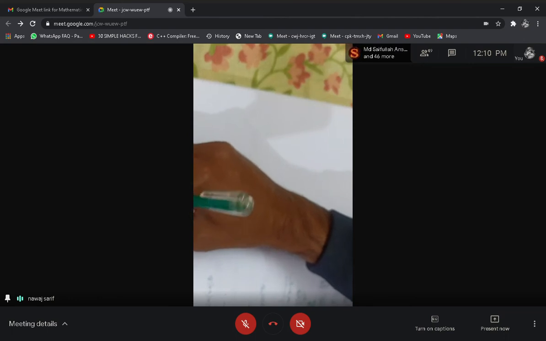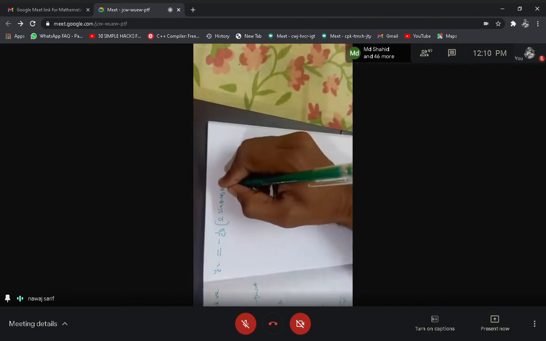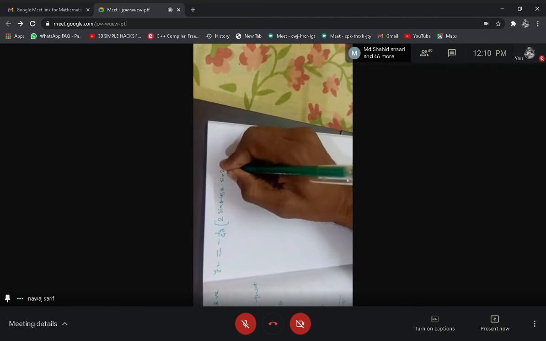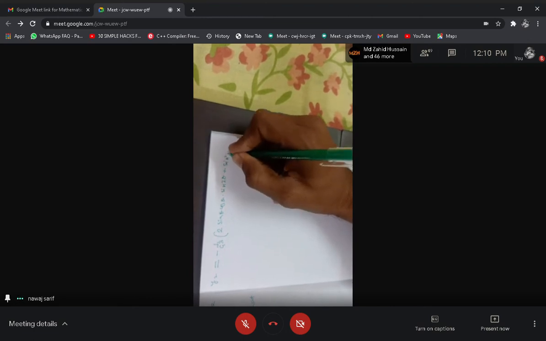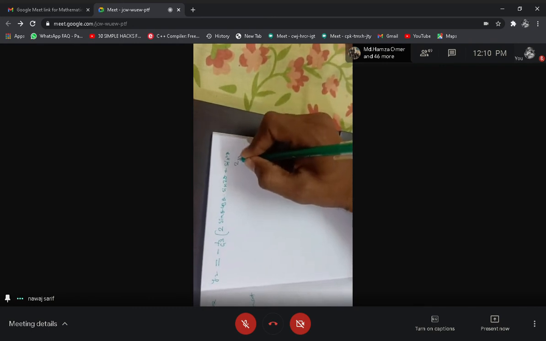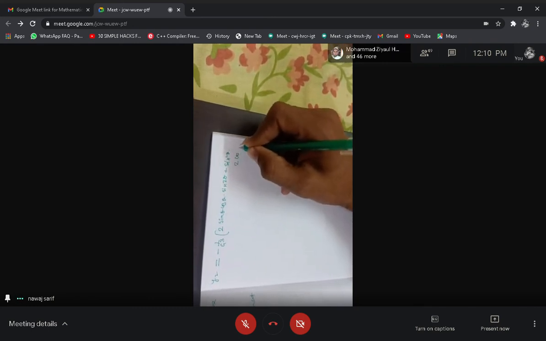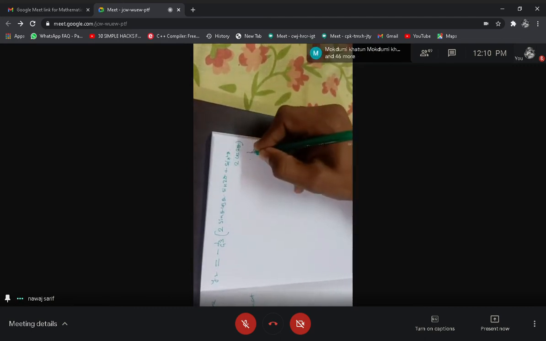So y2 is minus 1 upon a cube outside, and inside, derivative of sine square theta is 2 sine theta cos theta into sine 2 theta plus sine square theta into derivative of sine 2 theta, which is 2 cos 2 theta, and outside, d theta over dx.